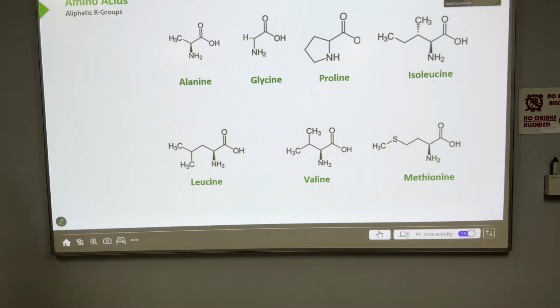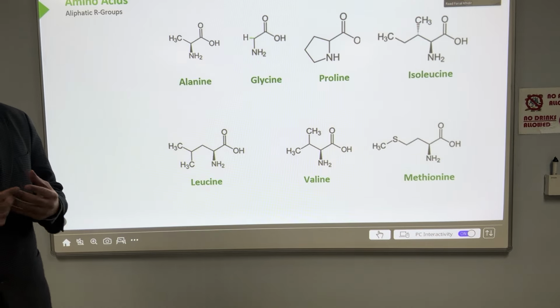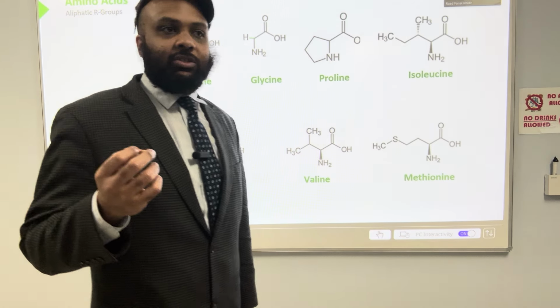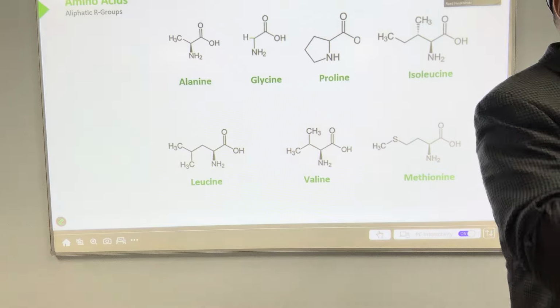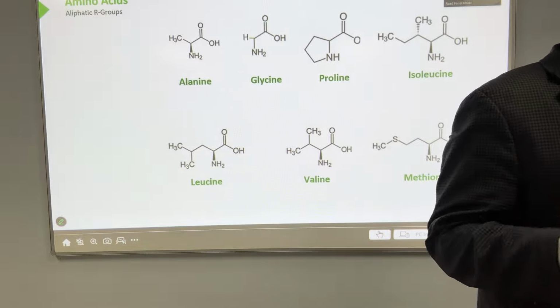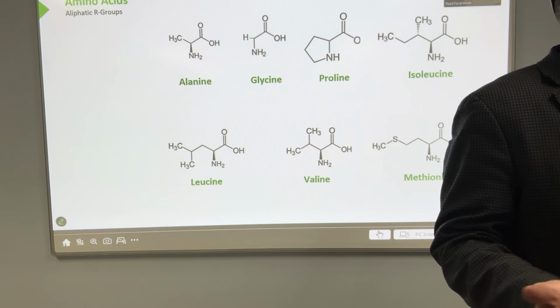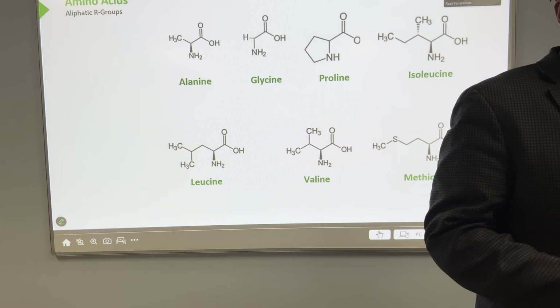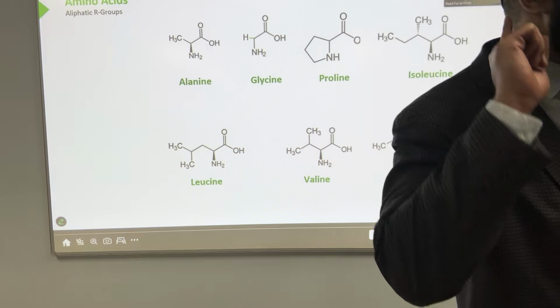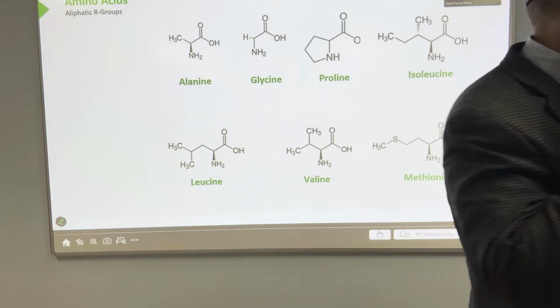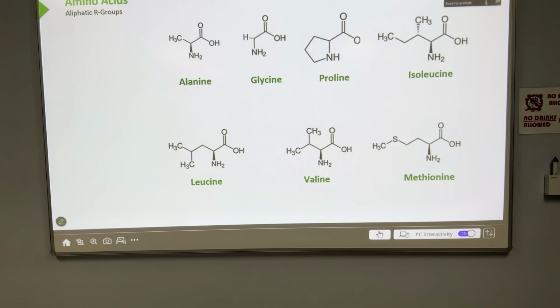And once you expose yourself to all the amino acids, you will get a touch of which one is polar, which one is non-polar. But you remember, what makes an amino acid polar or non-polar or aromatic or negatively charged or positively charged? What gives it that property? The R substituent, the R group. Very good.